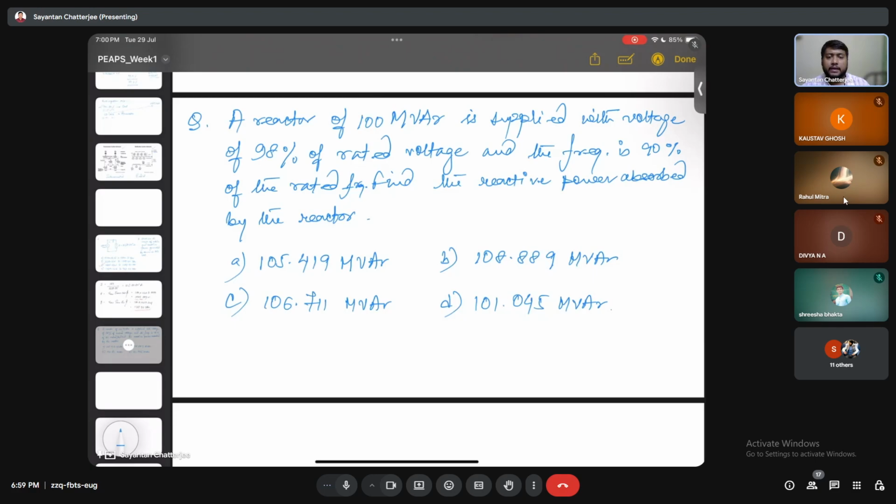Considering a reactor being placed, what is the frequency dependent factor? How is frequency related?